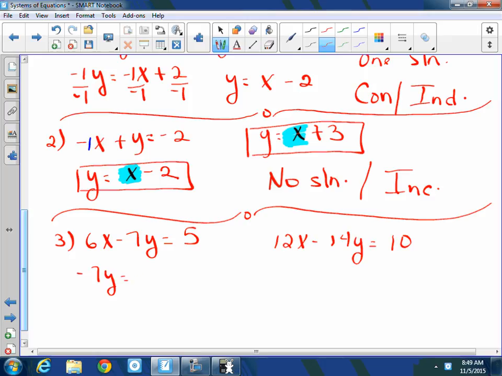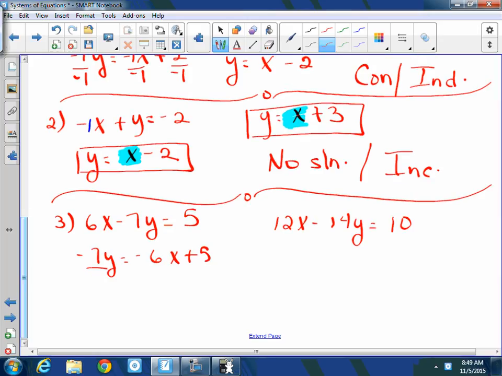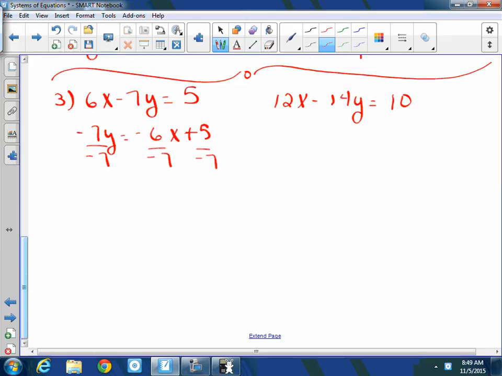Negative 7y equals negative 6x plus 5. Divide by negative 7. So y equals 6 over 7 x, because the negative divided by a negative would be a positive, minus 5 sevenths, and that's it.